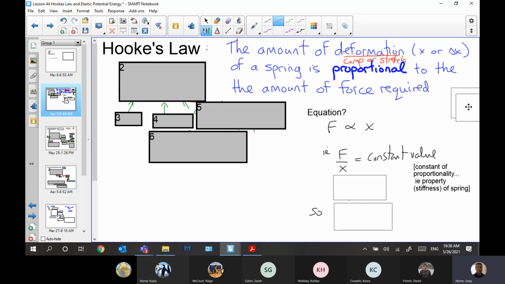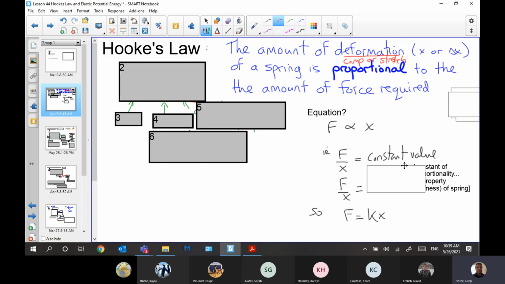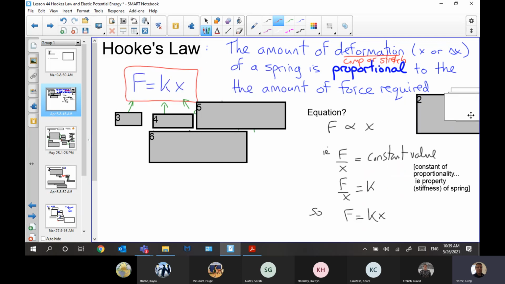This constant is your constant of proportionality, right? Like I've said before, it's a property of the system. In this case, it's the stiffness of the spring. Stiffer springs require more force per meter of compression, or usually per centimeter. So that gives us a constant K, and our Hooke's law is F equals Kx.